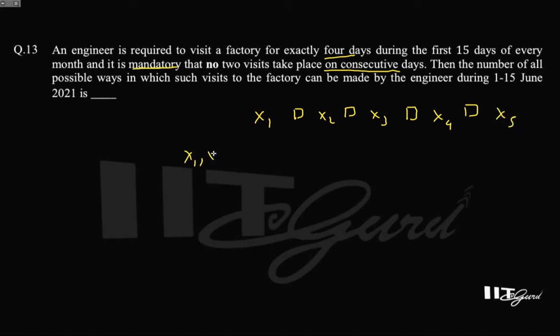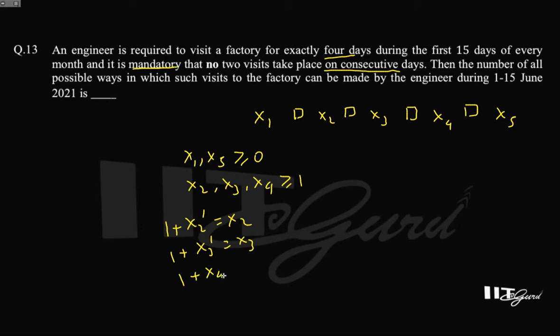So x1 and x5 are greater than or equal to 0, and x2, x3, and x4 are greater than or equal to 1. So we say x2 = 1 + x2', x3 = 1 + x3', and x4 = 1 + x4'.